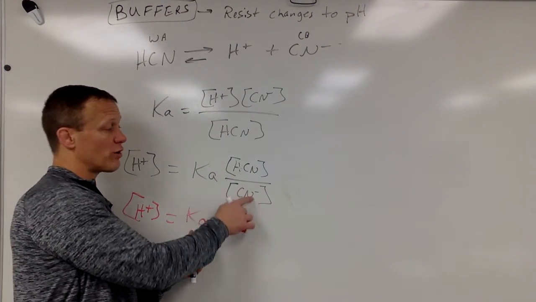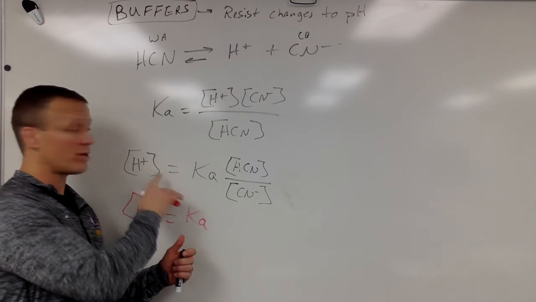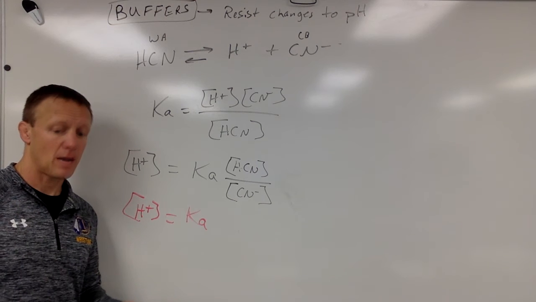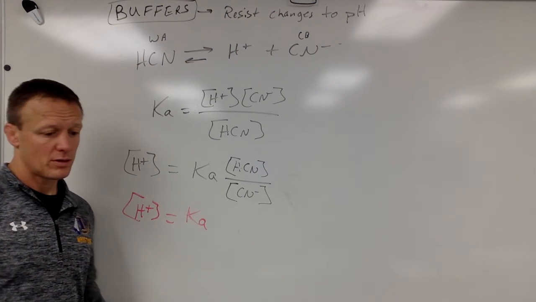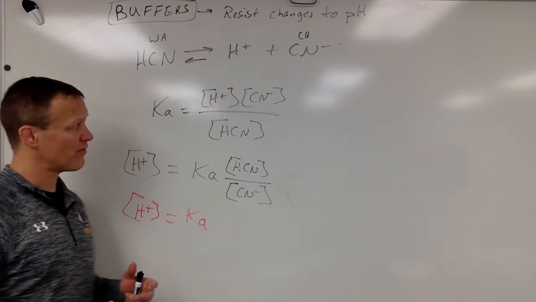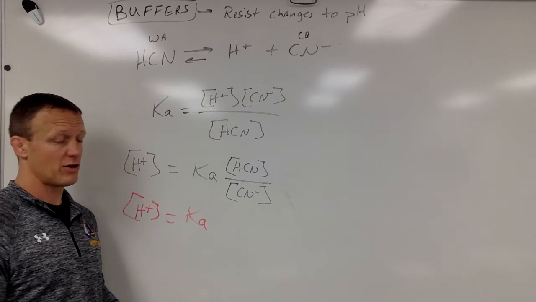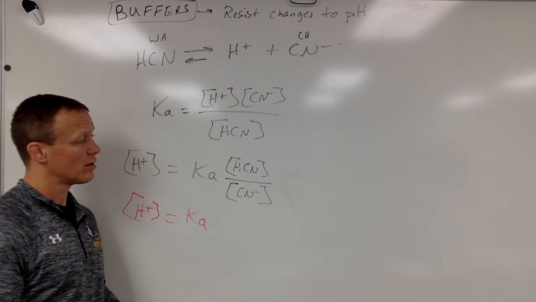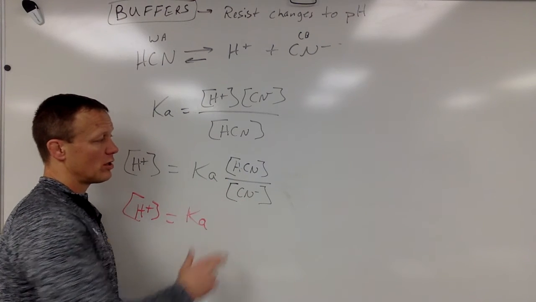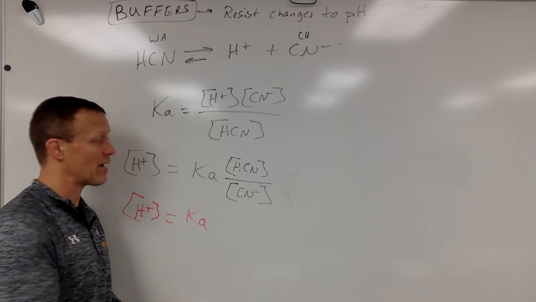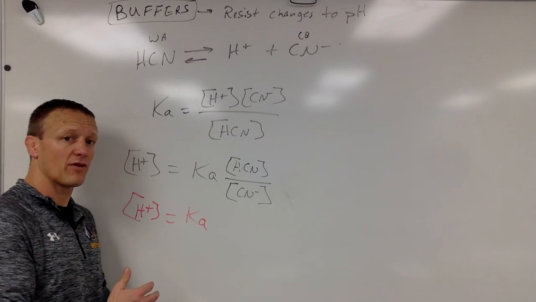You can also change this ratio to change the concentration of H plus, or you can use a different acid and conjugate base combination. So that's a brief introduction to buffers. Now we're going to work through some problems. I'm going to make another video where I give you those concentrations and say, if we add some H plus ions, some hydrochloric acid or something like that, what happens to that buffer? How much did it change in pH?